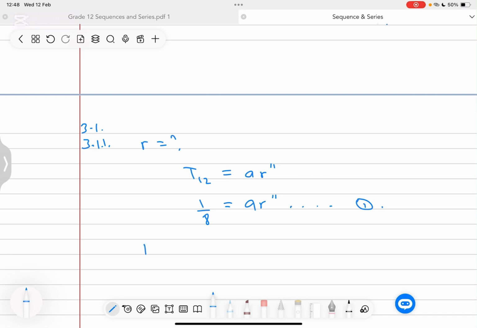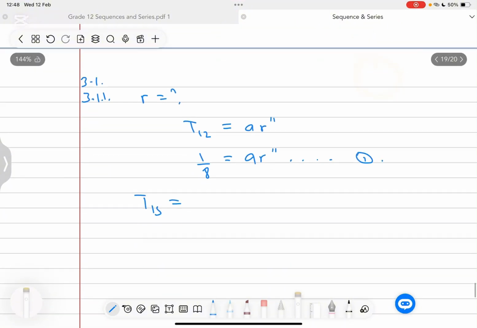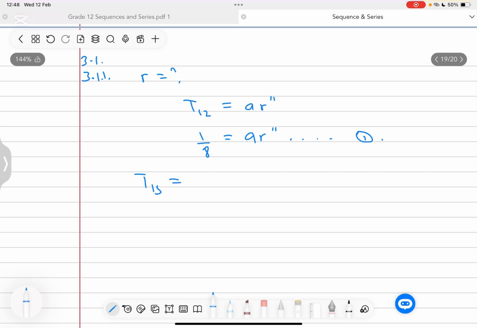I'll then say term 15 is equal to negative 1 over 27, right? However, we know that term 15 in a geometric sequence must be given by a r to the power 14.